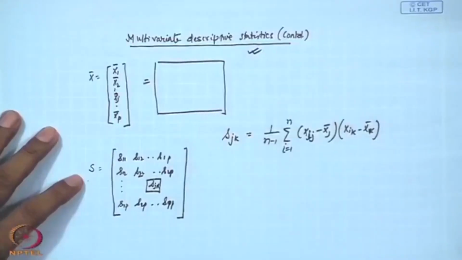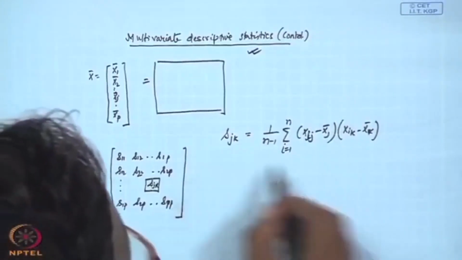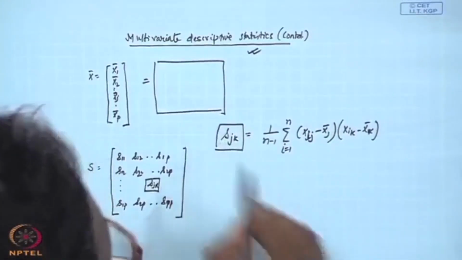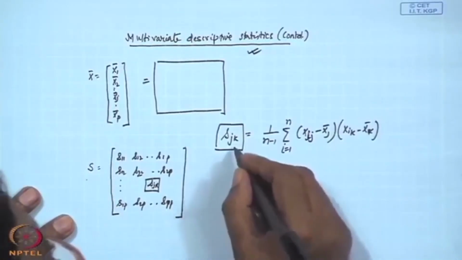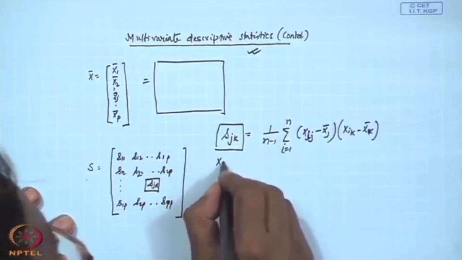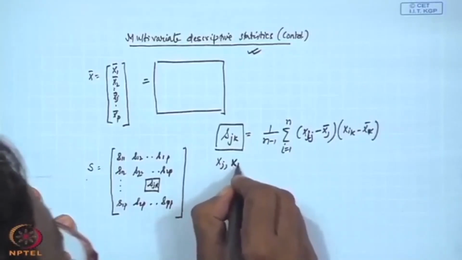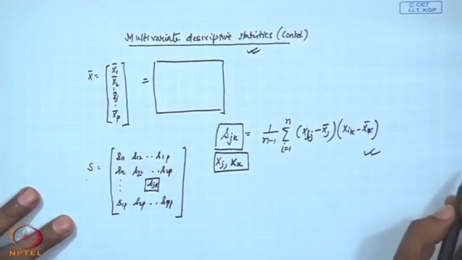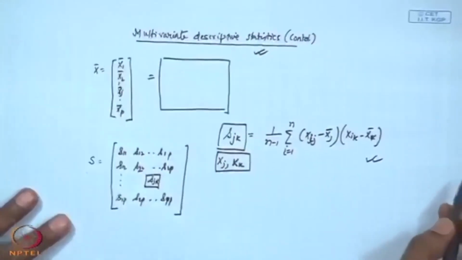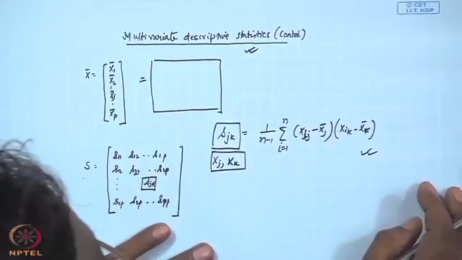Good afternoon. We will continue multivariate descriptive statistics today. Last class I gave you s_jk, the formula to compute the covariance between two variables x_j and x_k, and this is the sample covariance computation formula.